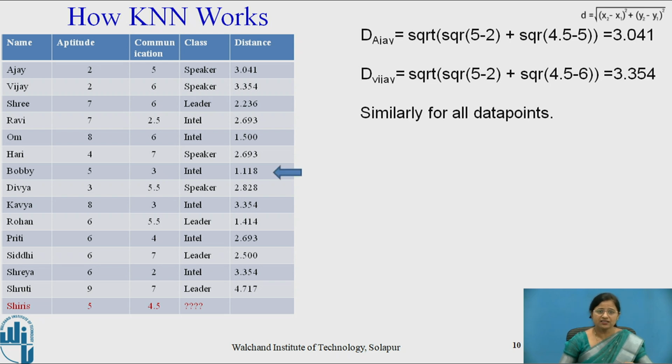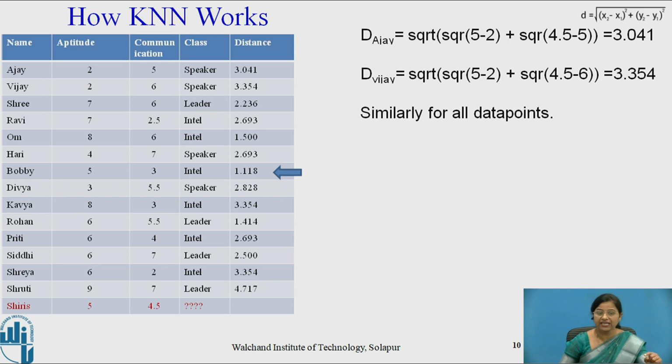Now let us consider the value of k equal to 1. K equal to 1 means we will consider only the minimum value among the calculated distances. That minimum value, as we can see, is for the name Bobby and the distance calculated is 1.118.